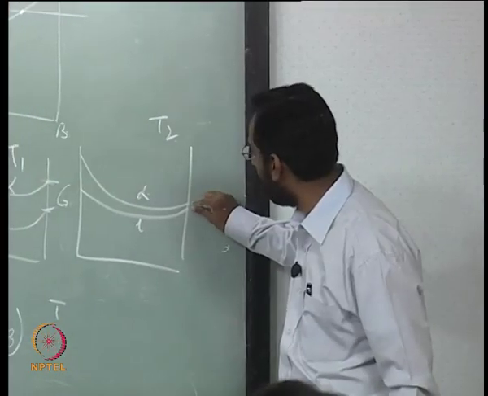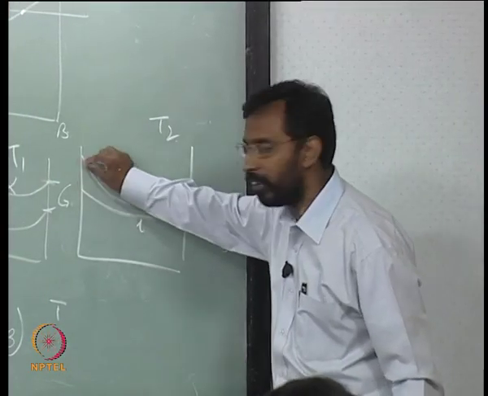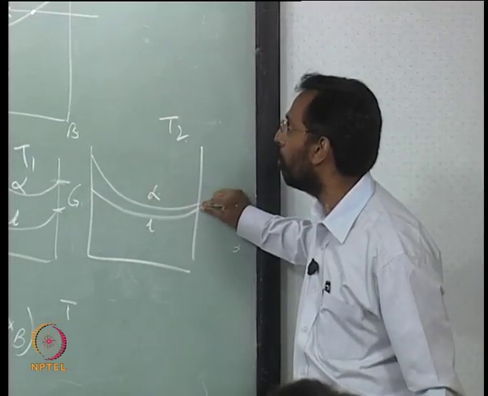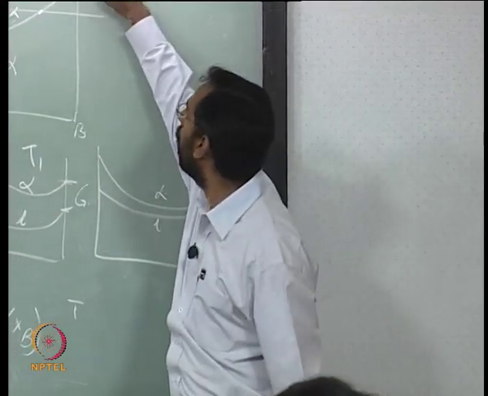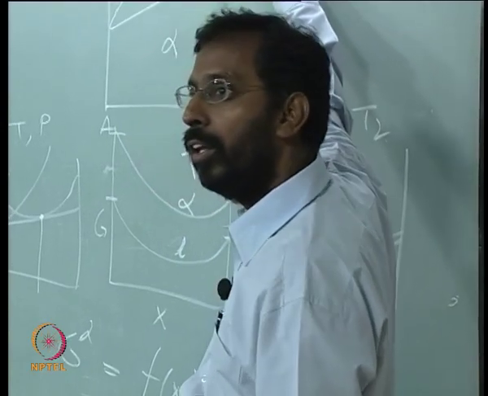You would see that this difference comes down, both the differences come down, but these two come down much closer, because this temperature is very close to the melting point.